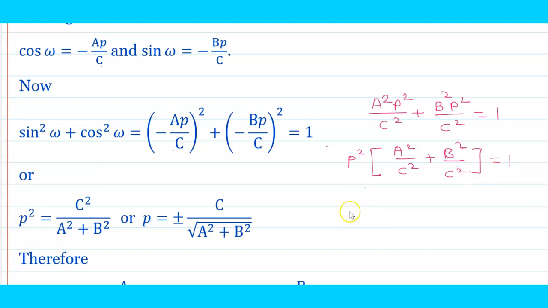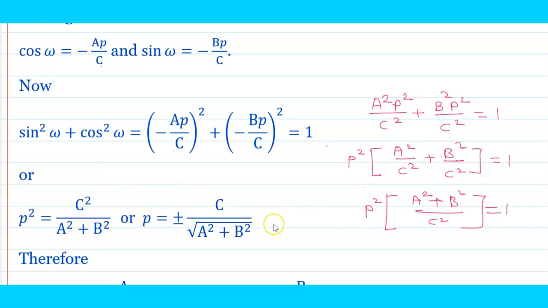Okay, now transfer this, as both of them have the same base, therefore we can write a square plus b square. This is the p square, again p square into a square plus b square upon c square, bracket is completed, and this whole equals to 1, and therefore p square is equal to c square upon a square plus b square.